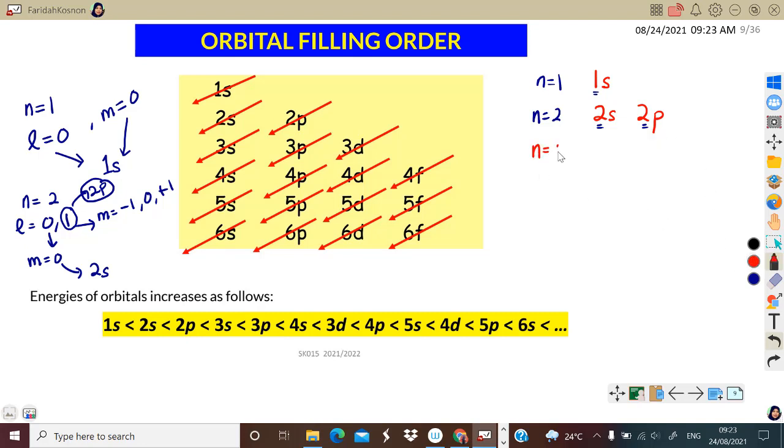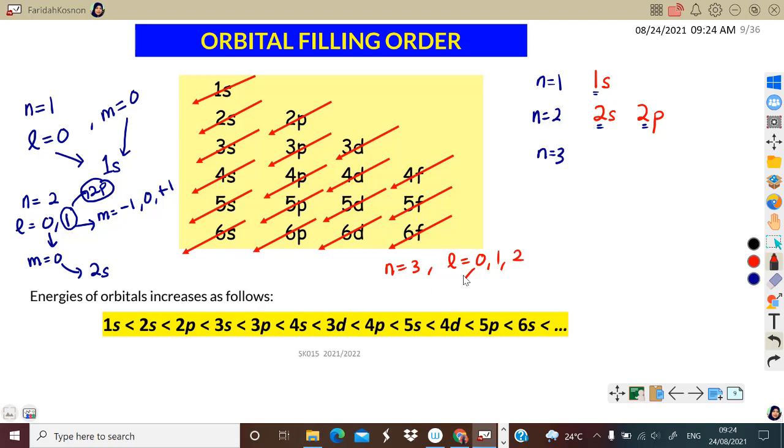Saya sambung sikit lagi. When n equals 3, apa yang kita ada? When n equals 3, L values are 0, 1, 2.